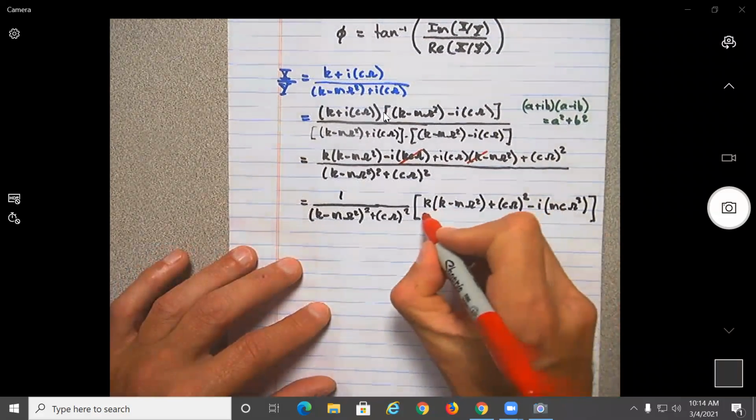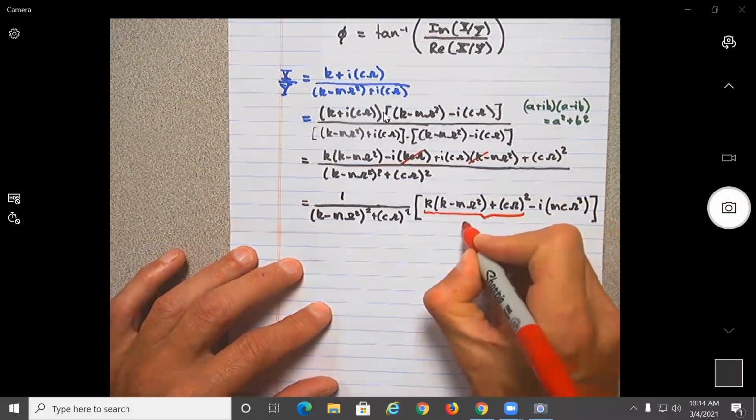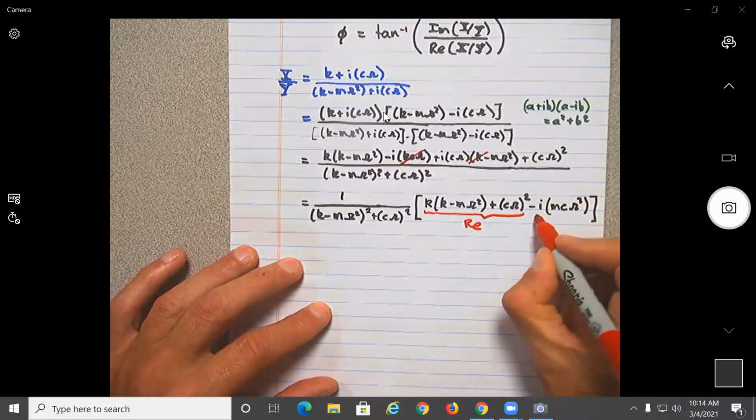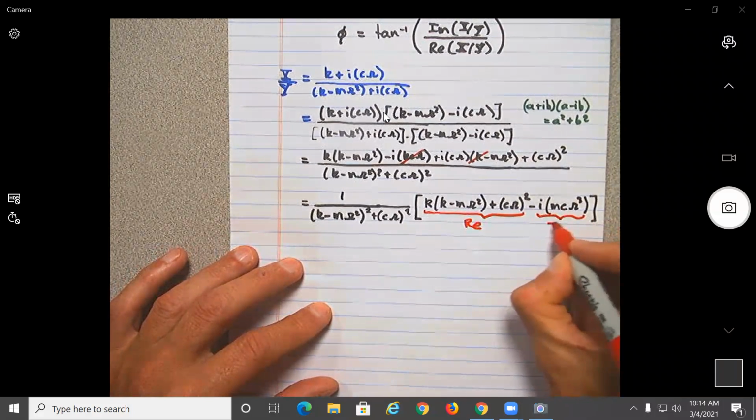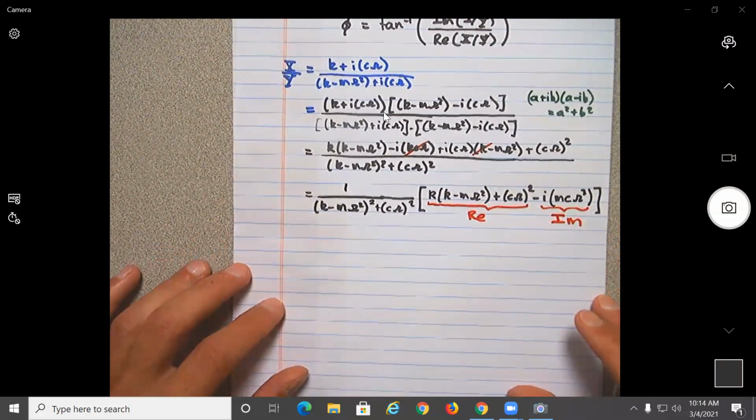So basically you see now that this is the real part and this is the imaginary part.